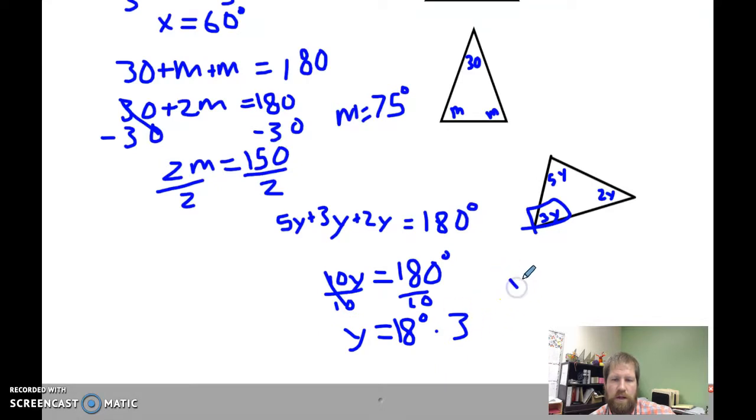So let's say we'll call this angle 1, angle 2, and angle 3. My angle 3 would be equal to 18 times 3, or 54 degrees. If I did my math right.